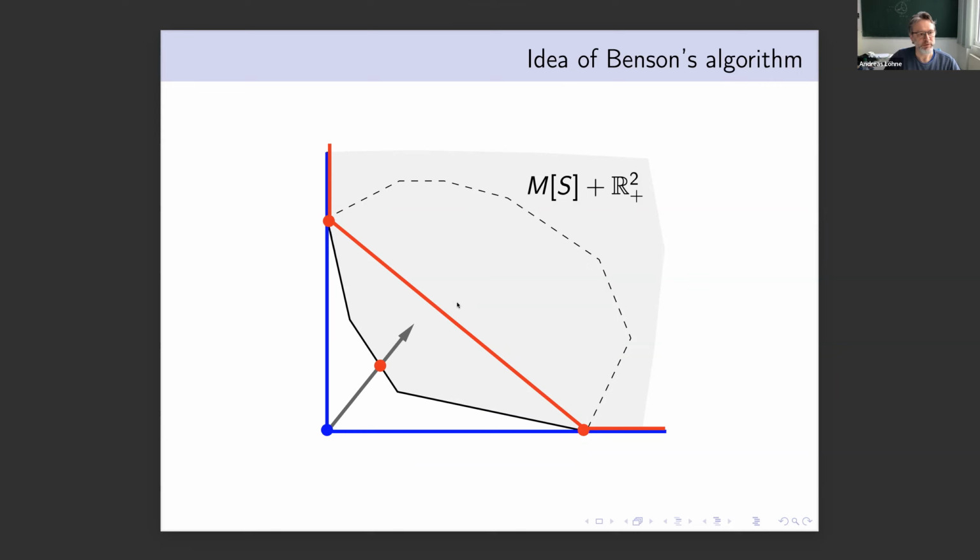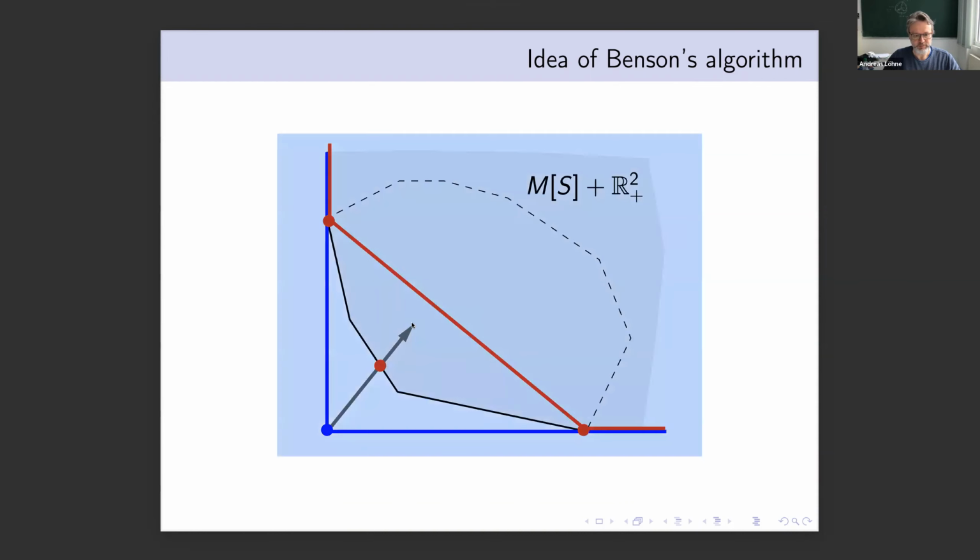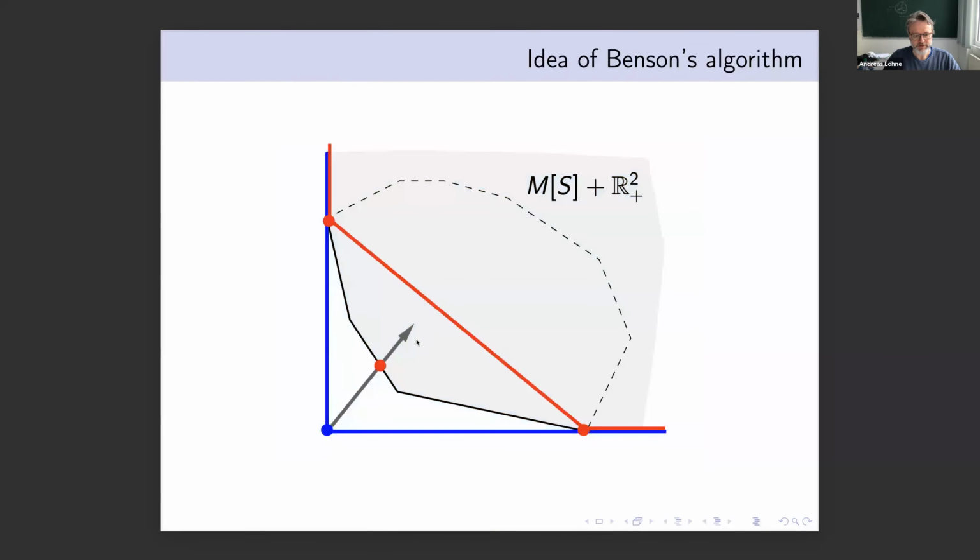When we want to discuss a polyhedral projection variant of this algorithm, we can also choose an interior point here, and we go from the vertex here to some interior point. Here in the vector optimization variant, this direction can be fixed.